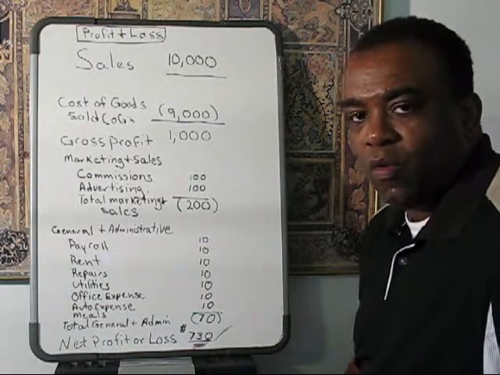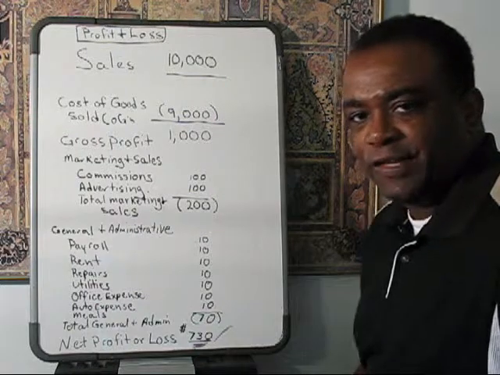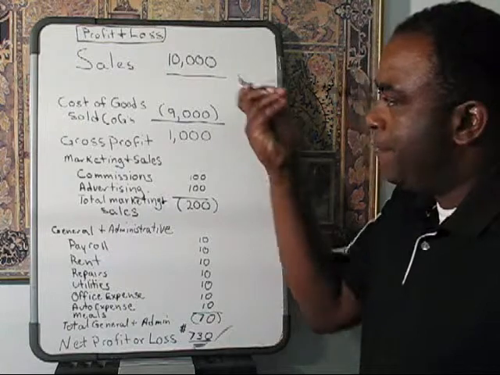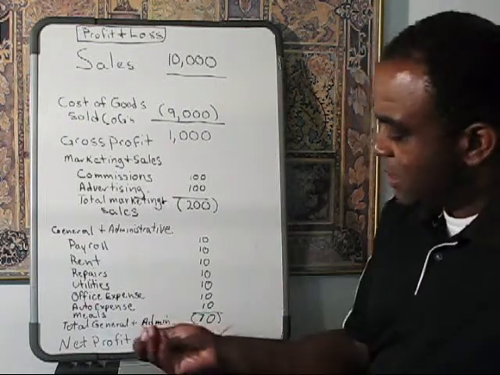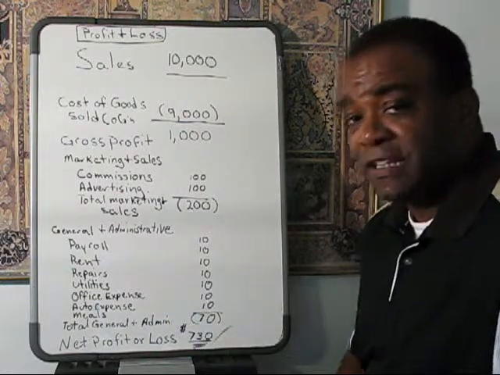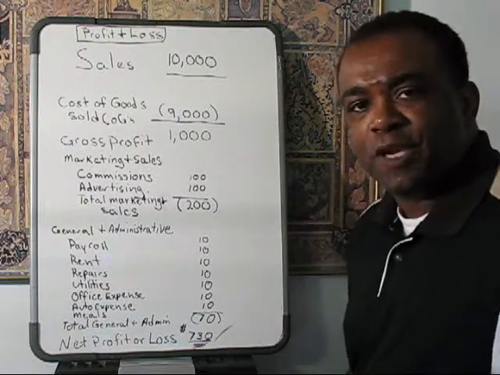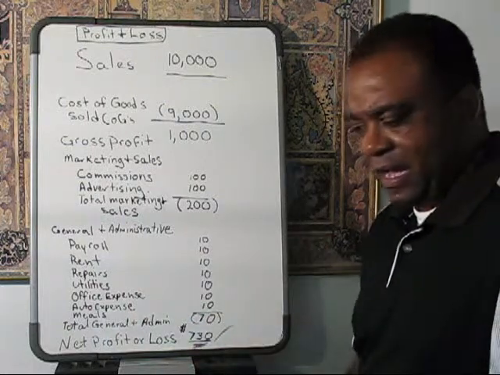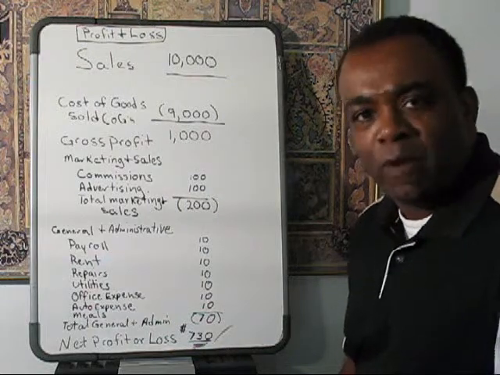Now, what is different about a business versus you as an individual citizen? Businesses don't pay taxes on the gross sales. They pay taxes on the net. This is totally different for a lot of you because you've worked for years and years, and you've gotten your W-2, and when you got your pay statement, you saw that FICA and everybody else got their money first, and then you got what was left over.